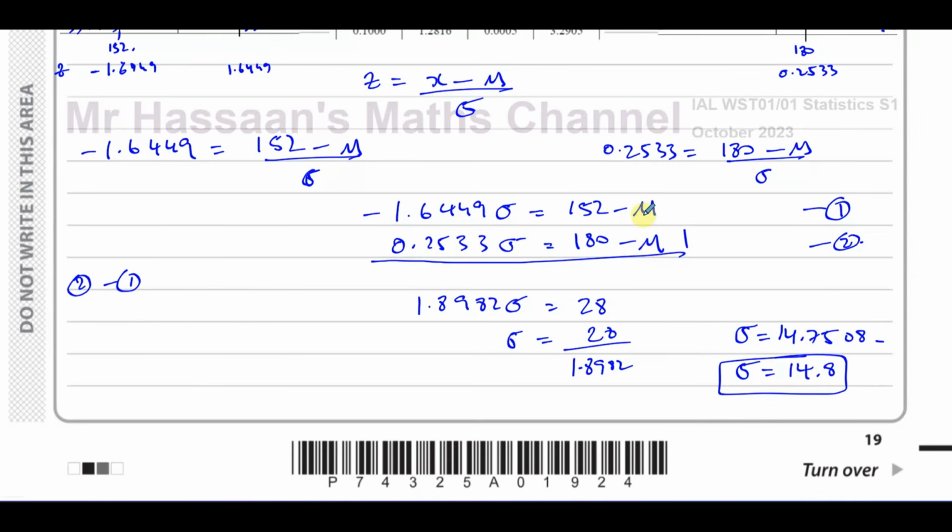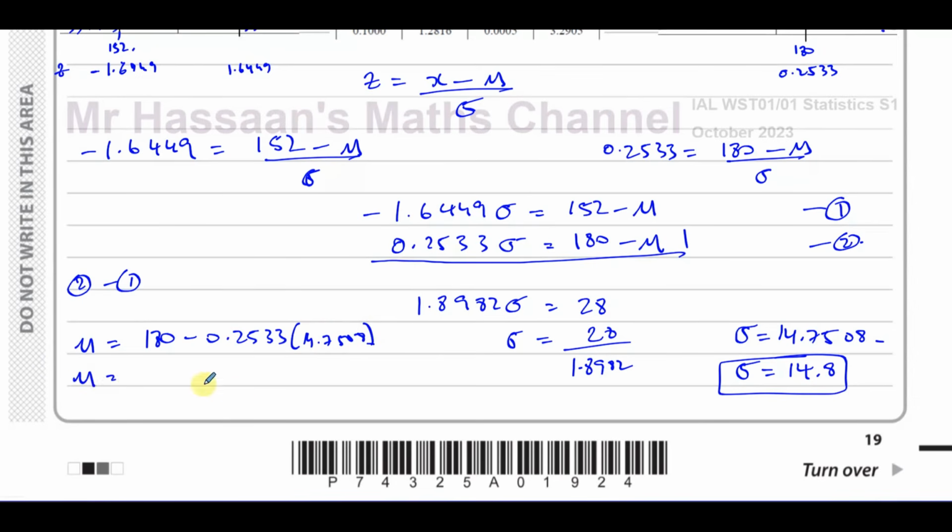And we can find mu from one of these. Let's use this one: mu is going to be 180 minus 0.2533 times sigma, which is 14.7508.